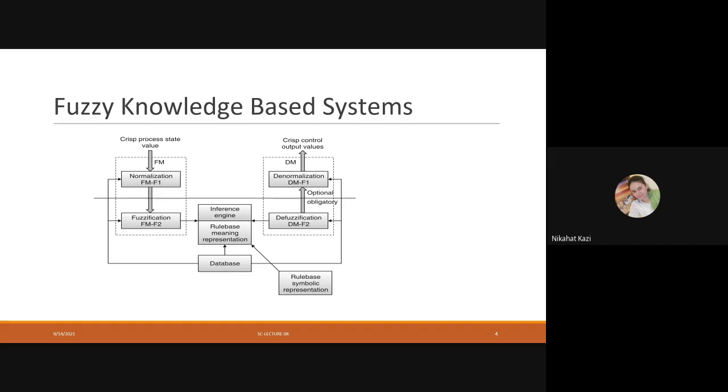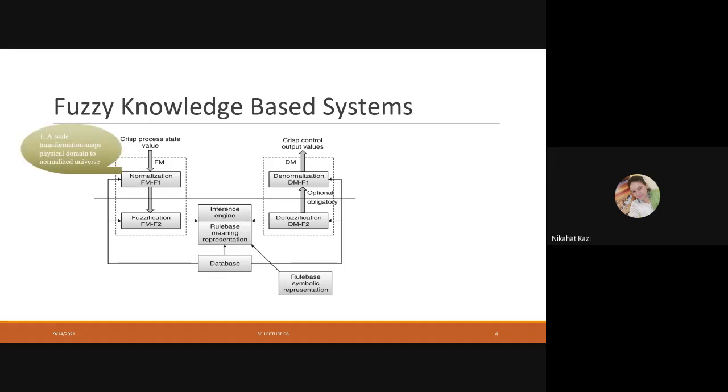For example, for the washing machine, there will be sensors to detect the dirt and the grease attached to the clothes. That is the input that will go into the system. First, the crisp values of the inputs are given to the system.